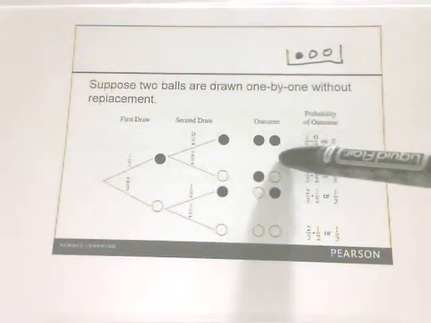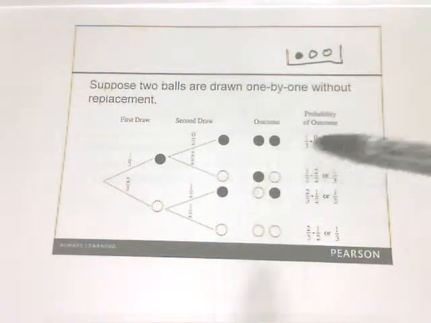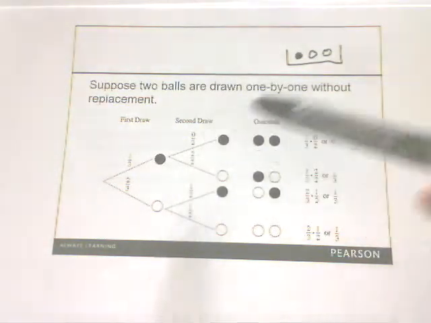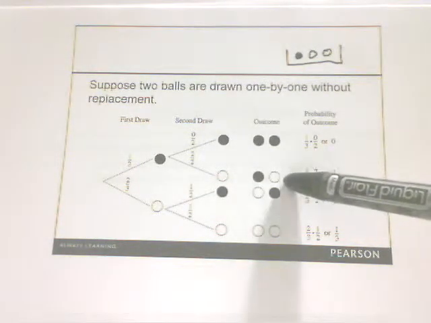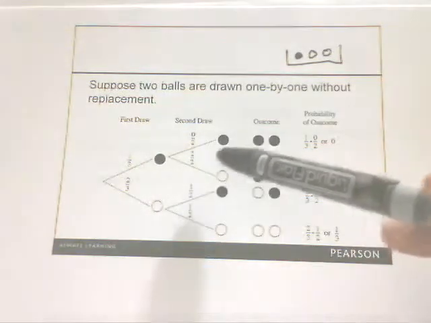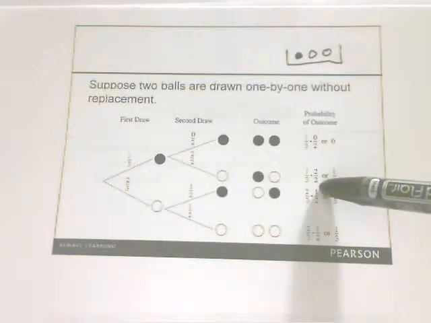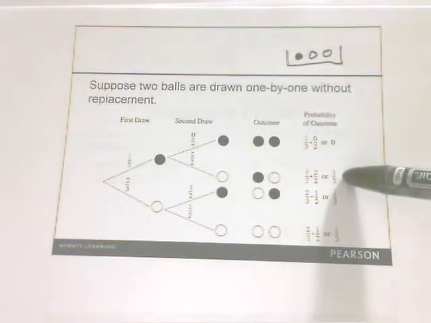And this is what the outcomes look like. 2 colored balls, which means that the probability for that is going to be 0. That's 1/3 times 0/2, which is 0. Then you have a colored ball, then a white ball, so now you have 1/3 times 2/2. Well, 2/2 is going to be 1 whole, so 1 times 1/3 will be 1/3.